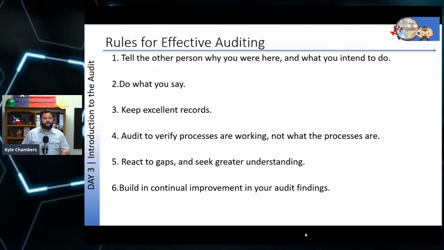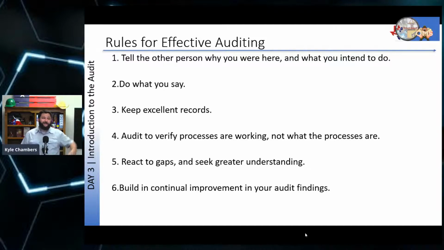You want to build it so that these nonconformities can be corrected and reacted to with a proper corrective action report. You want to make certain that you understand ahead of time that the goal is to eliminate not only the problem, but to eliminate the cause. So whatever you can do in the language and the wording and how you present this at the closing meeting, you want to make certain that this information is well and properly conveyed to your client.